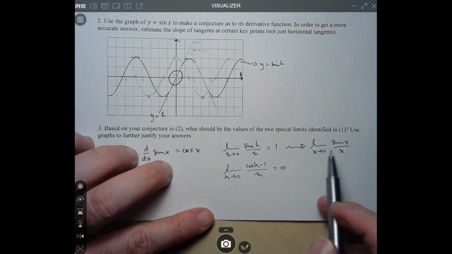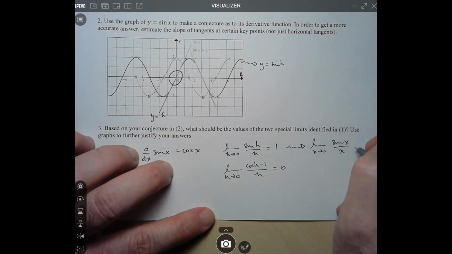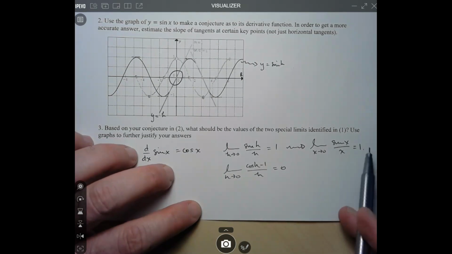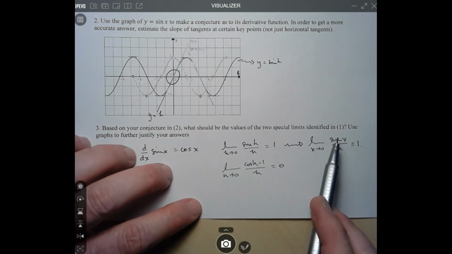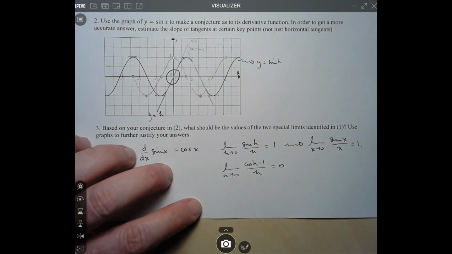That if I'm taking the limit of sine x over x, as x approaches 0, that limit is equal to 1. And there's a lot of very nice properties that I may have a chance to talk about that come from the fact that near 0, these two functions are very similar to each other. All right?